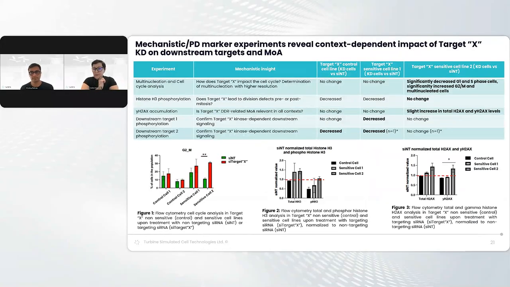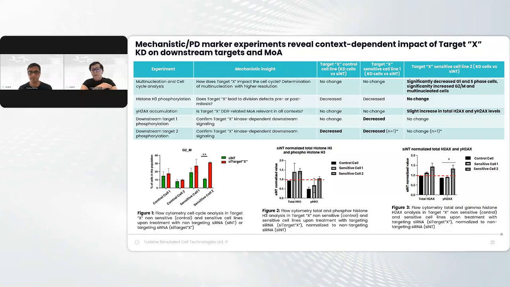As I mentioned, we can also use the mechanistic insights to design PD marker experiments in this setup. These are in vitro data. So we selected here the key pathways that we could link to target X mode of action within this specific biological context.